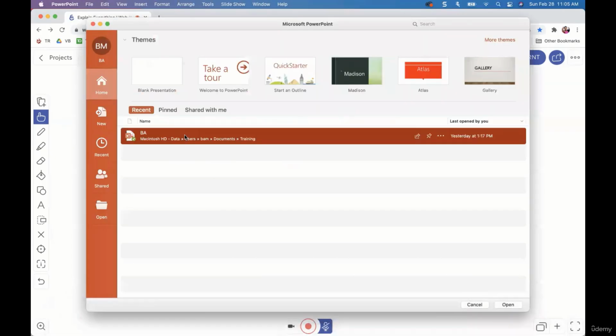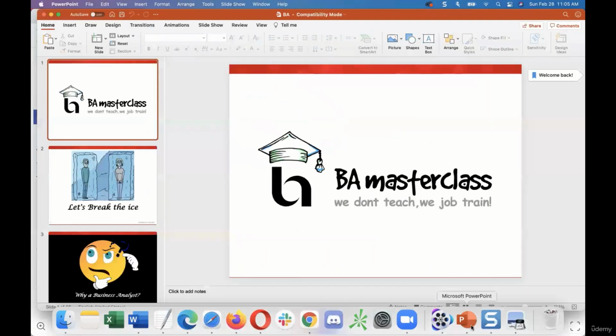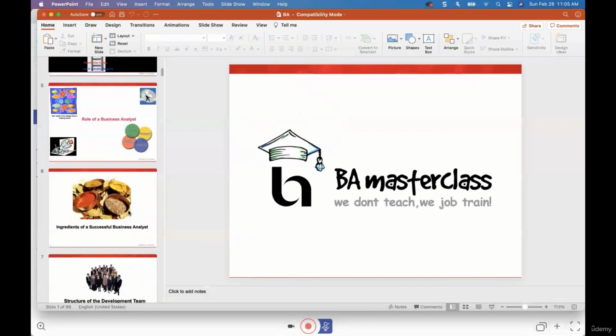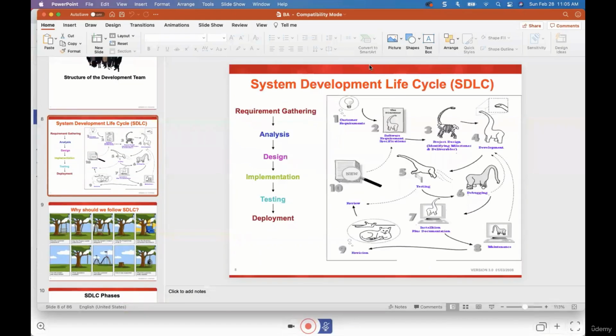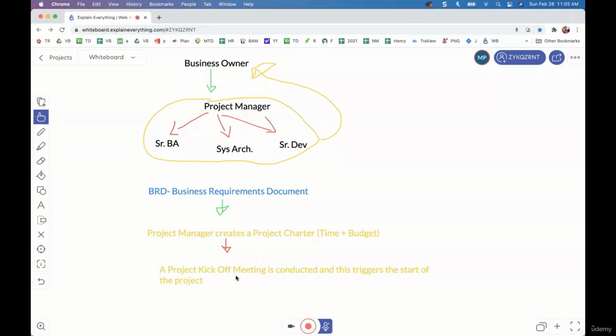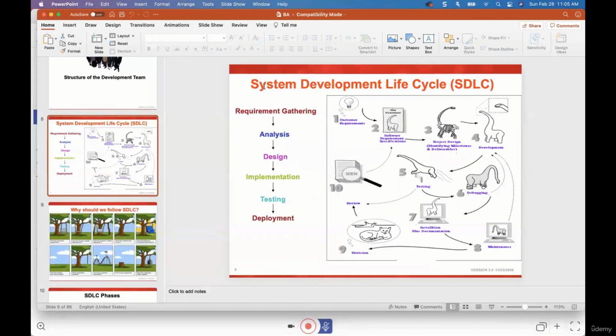So I want you to quickly understand this, and I'm going to stop after this because this is a great logical point for us to stop. So let's write this down. The moment the project kickoff meeting happens, your real IT project begins and you are triggering your SDLC.